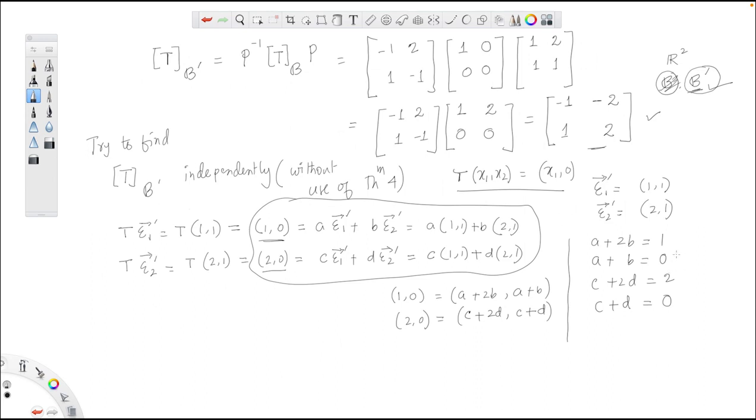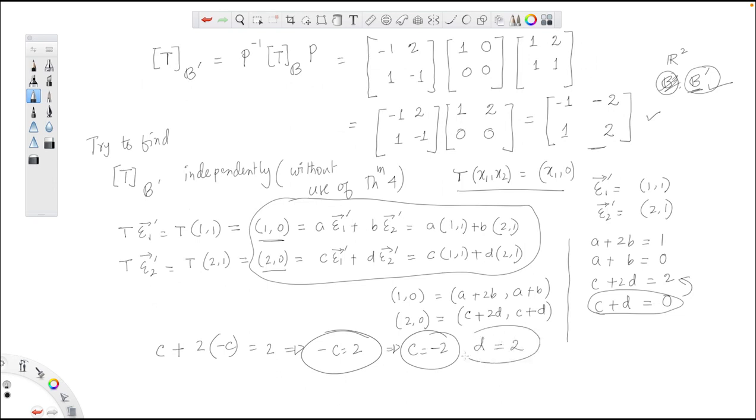Okay, so here we immediately see that D is equal to minus C. I plug it in here to have C plus 2 times minus C equal to 2, and that means minus C is equal to 2, implying C is equal to minus 2, and since C plus D is equal to 0, D is equal to 2.